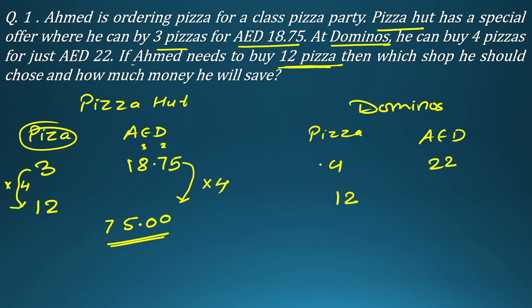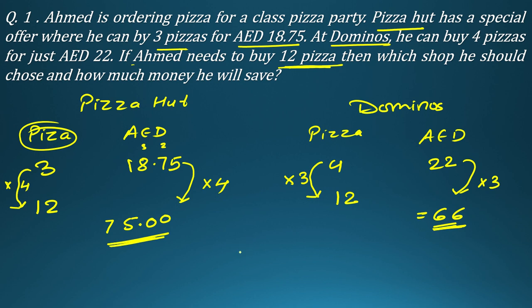Now what about Domino's? Here, 4 multiplied by 3 will become 12. So multiply the same number here also. 22 multiplied by 3 is equal to 66. So in Pizza Hut we have to pay 75 dirham, and in Domino's we'll have to pay 66 dirham. So definitely we are getting a good offer in Domino's.